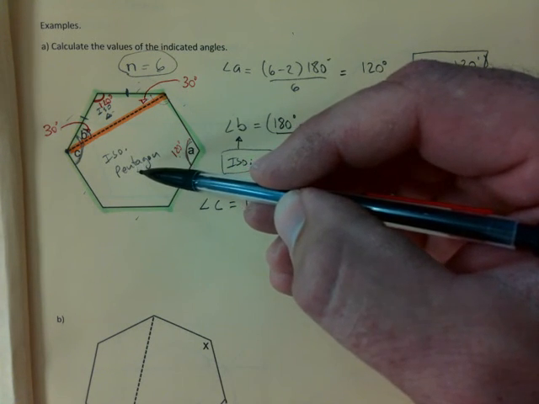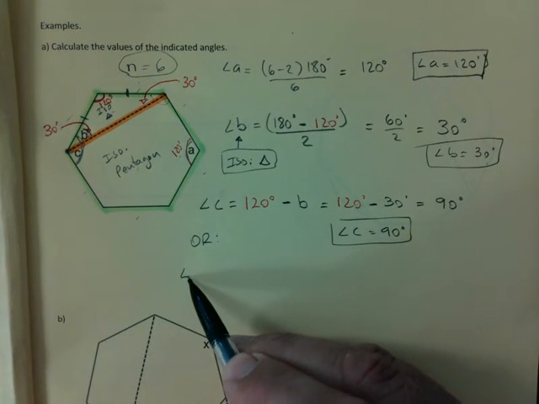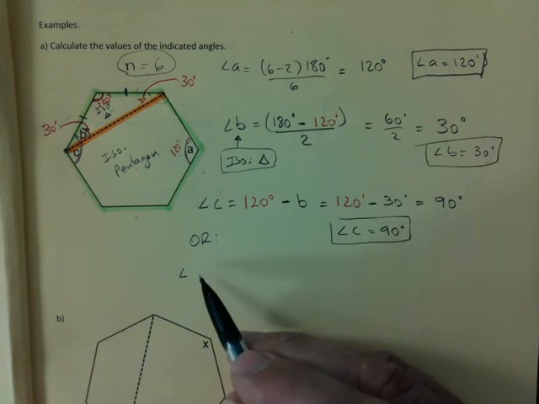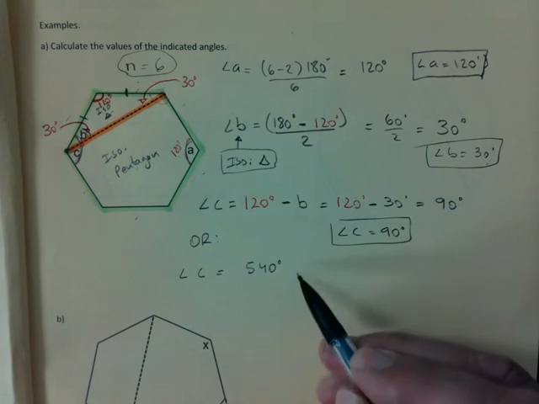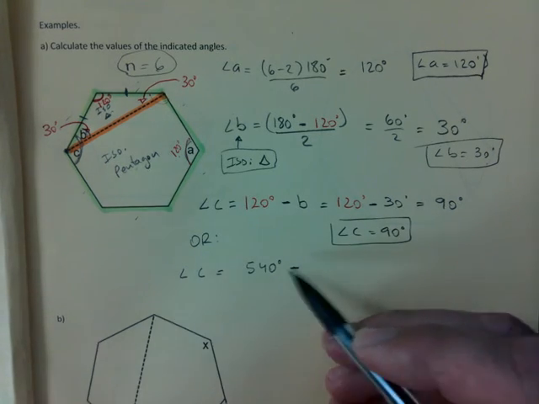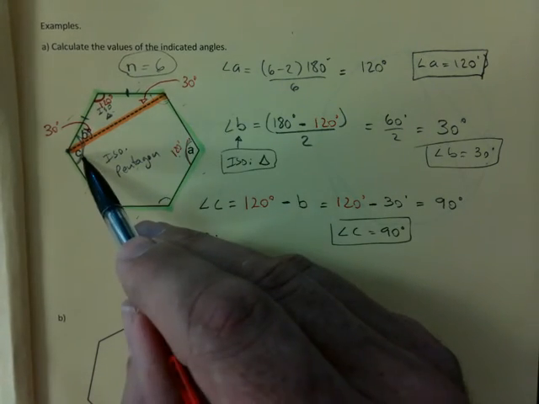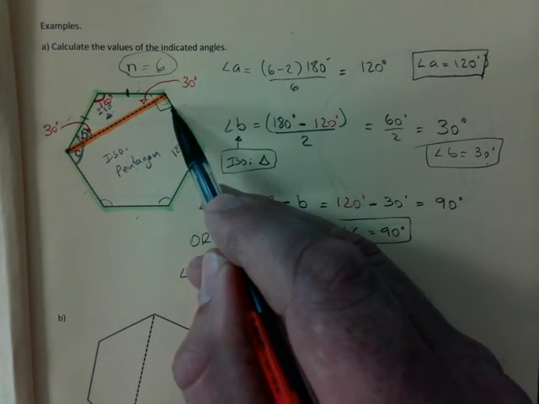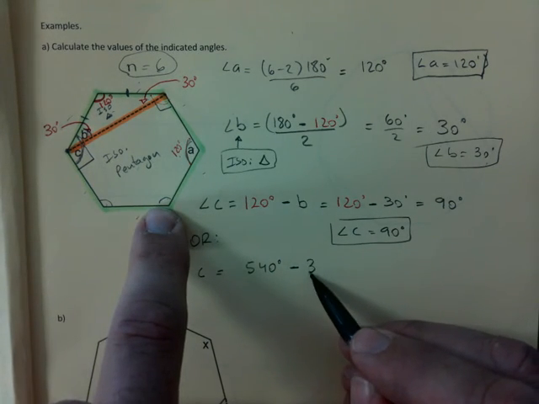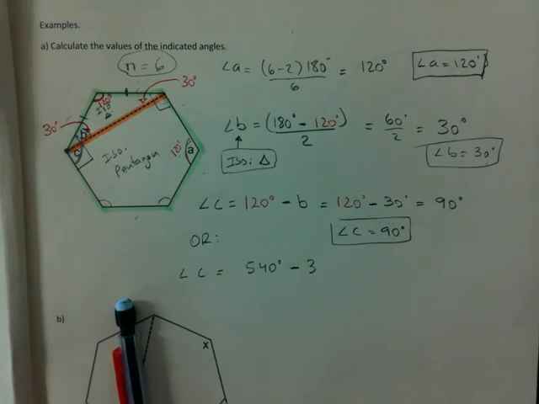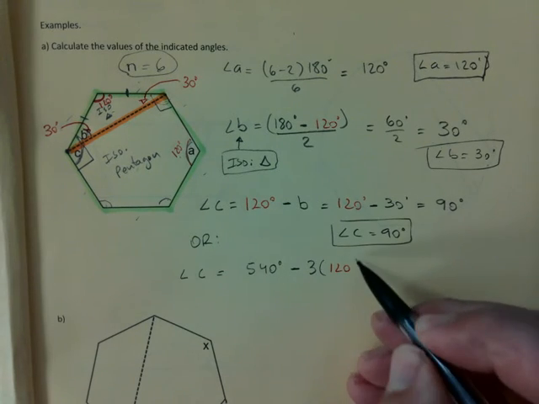Look at the formula on the other side. Or we could have done this, couldn't we? We could have figured out C, angle C is what? 540 minus, we have 3 120s up here, correct? Because this one is the same as that one. We know that already. We know that this is 90 and that is 90. But you could have used the fact that it's 3 times 120 divided by 2.